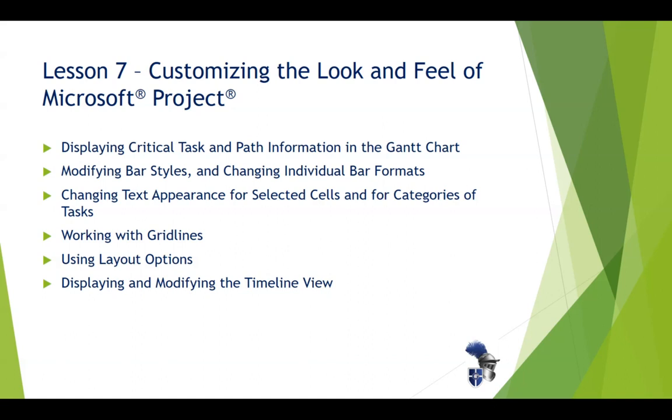We're going to look at other aspects of changing bar styles. It might be, for example, that we want milestones to look different from the way they are out of the box. We might want to change a specific task or milestone, or we might need to change categories of tasks or milestones. Summary tasks, for example, we might want to look different from the way they appear by default.